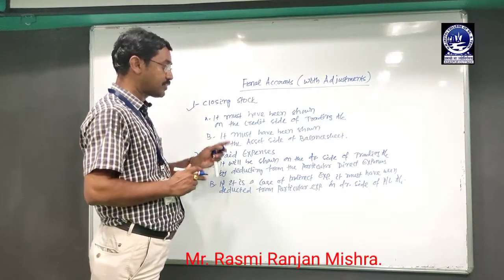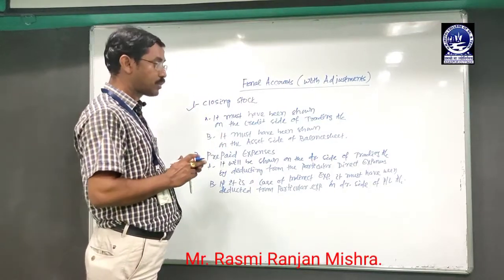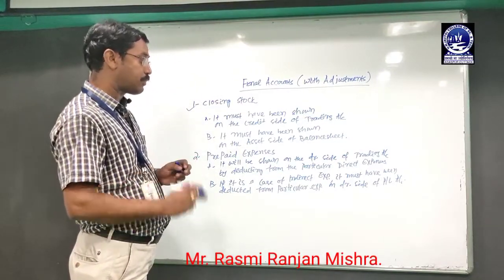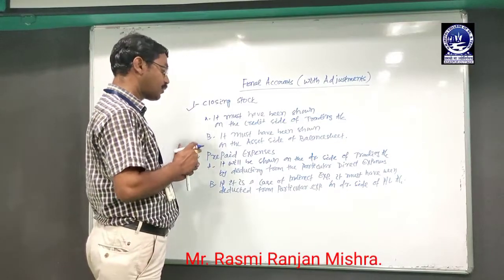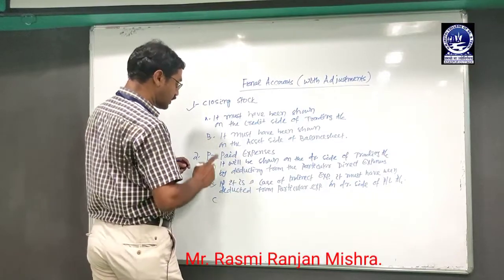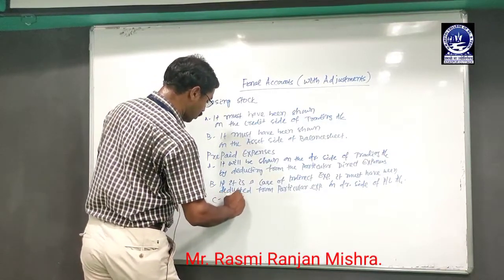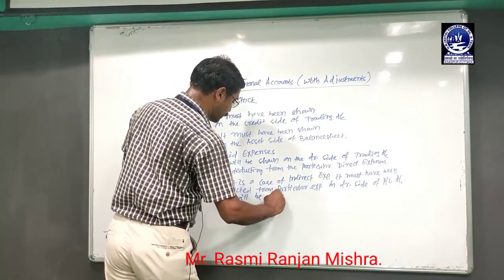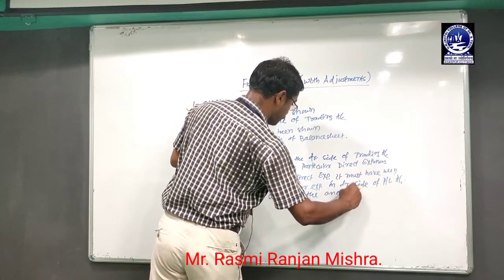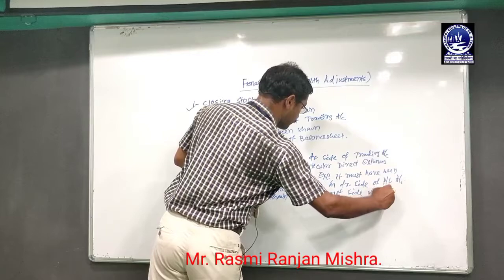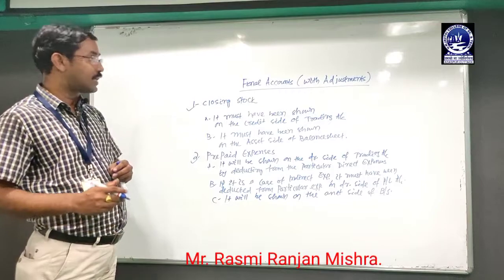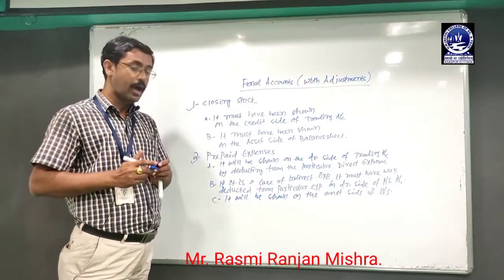If it is direct, the treatment is in the trading account by deducting from the particular expenses. If it is indirect, it should be considered at the time of preparing the profit and loss account, and that item of expenses must be deducted. The next treatment: as expenses paid in advance are one type of asset, they will be shown on the asset side of the balance sheet. So this is the second item of adjustment treated at the time of preparing final accounts.